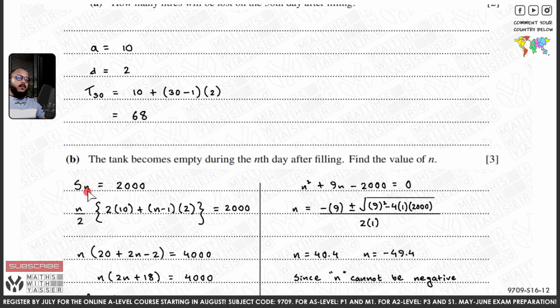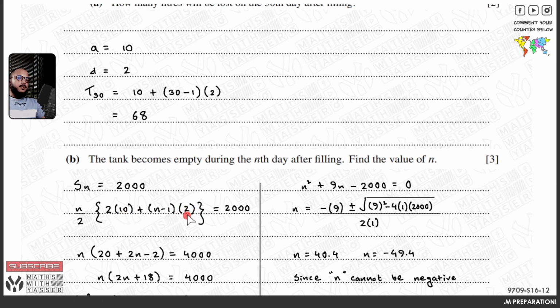We know the sum of n terms formula is n over 2 times 2a plus n minus 1 times d, and a is 10 and d is 2.